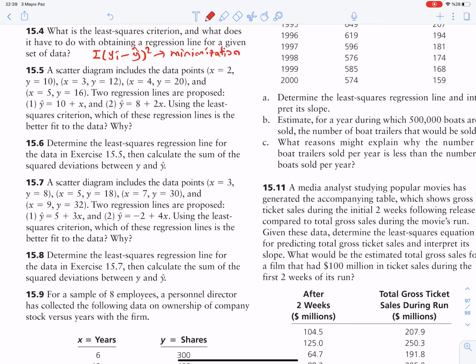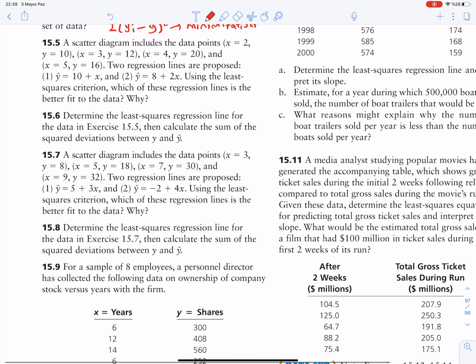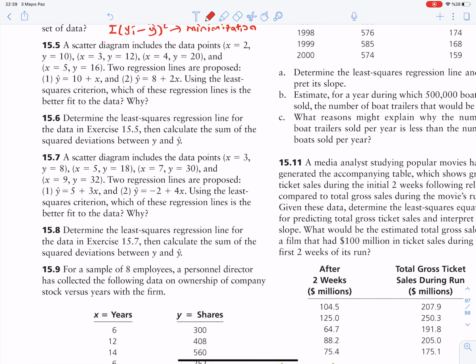For the first line, y1 hat, from the first equation, y hat equals 10 plus x. The first value of x is 2, so 10 plus 2 becomes 12.